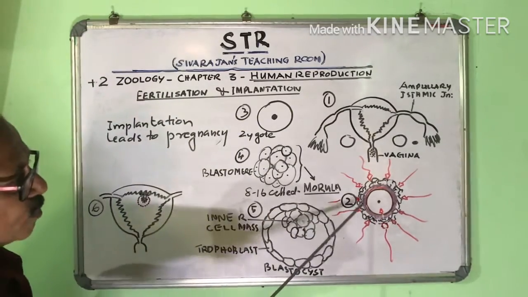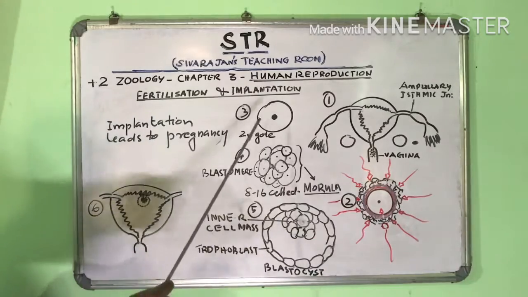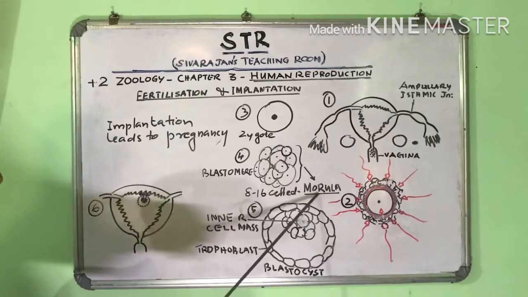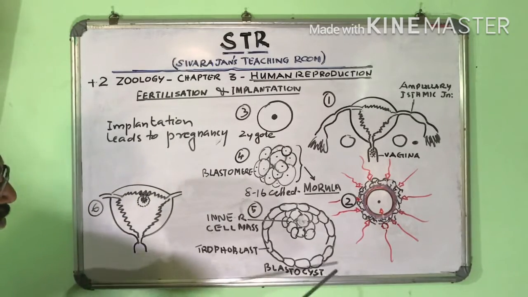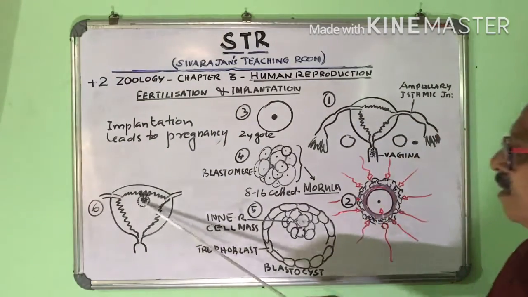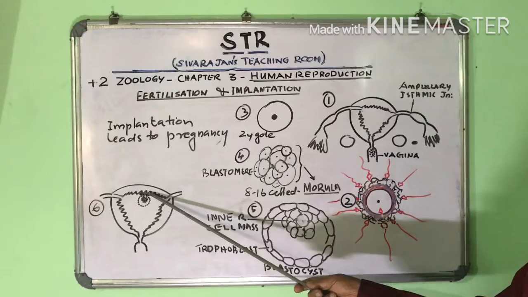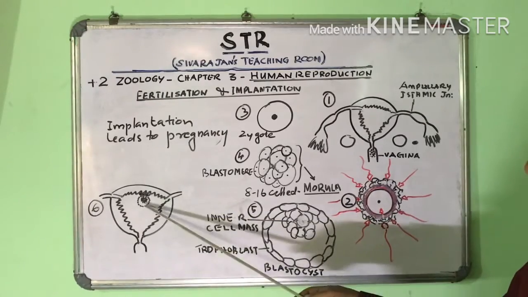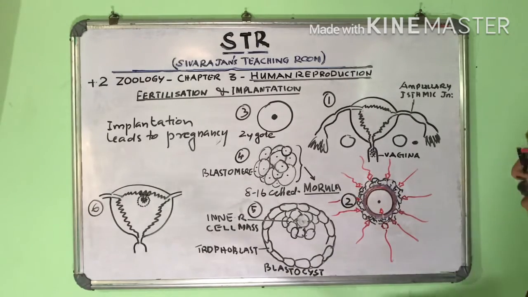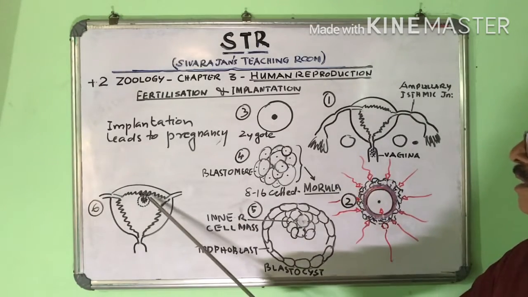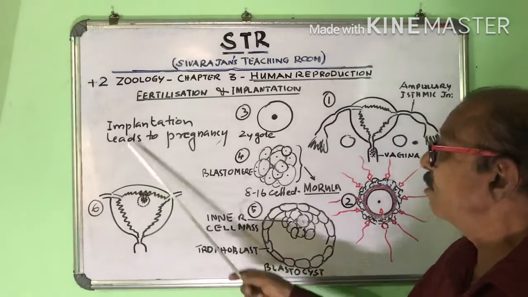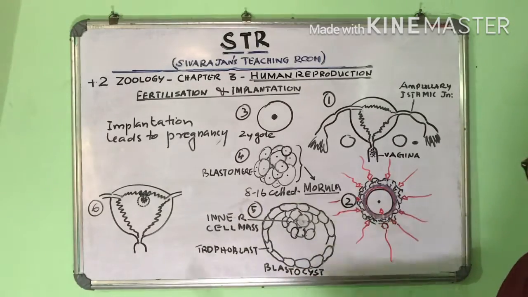Picture 2 explains fertilization, picture 3 is the zygote, 4 it becomes morula, and 5 it becomes blastocyst, and the blastocyst gets fixed with the endometrium, the innermost layer of the uterus, and this fixation is called implantation, and implantation leads to pregnancy. Once the blastocyst is implanted into the endometrium, pregnancy is confirmed.